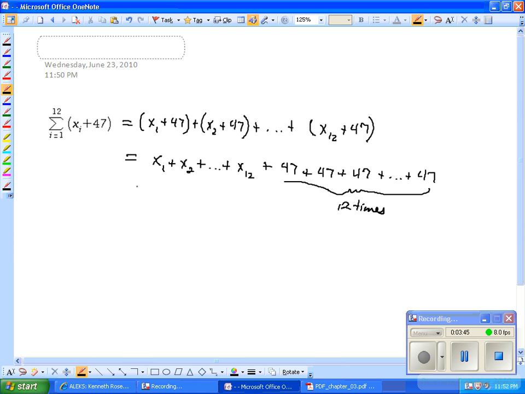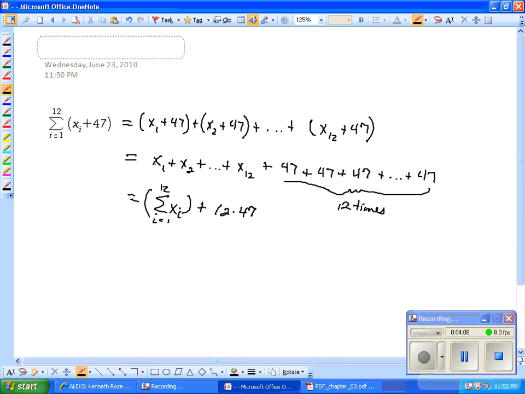Well, what does that mean? Here I have the sum of the x's from i equals 1 to 12, and over there I have, let me put that in parentheses, plus 12 47s, 12 times 47.